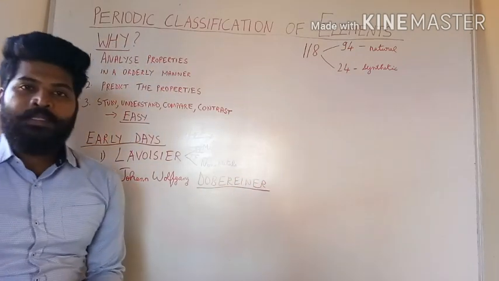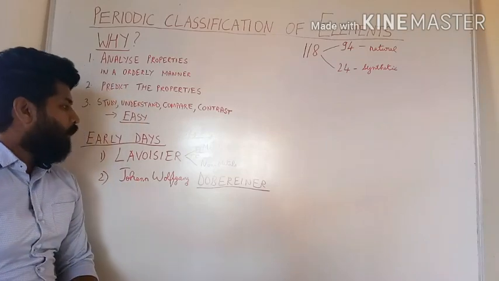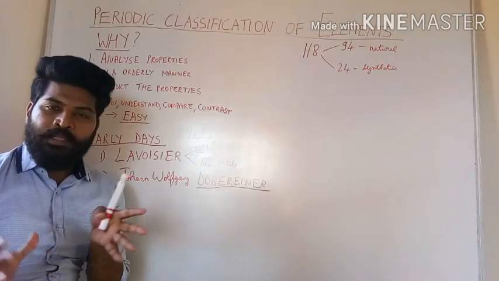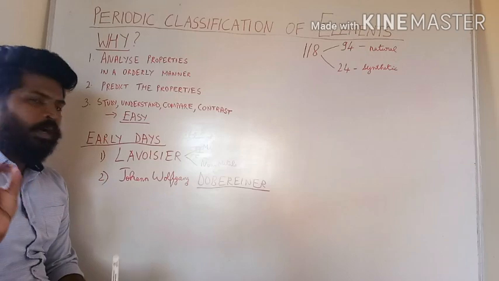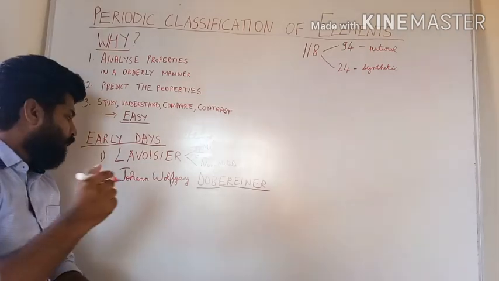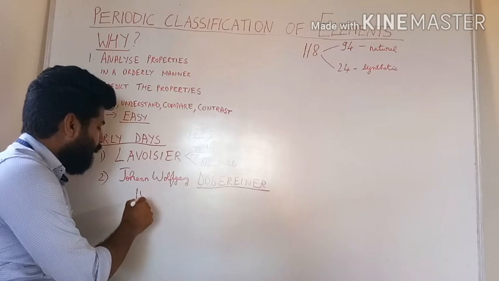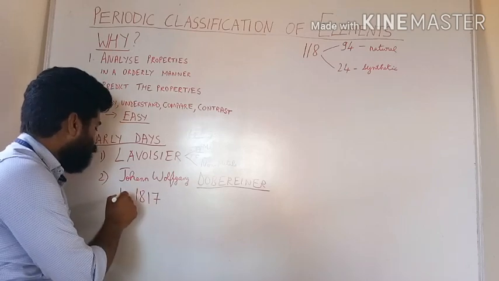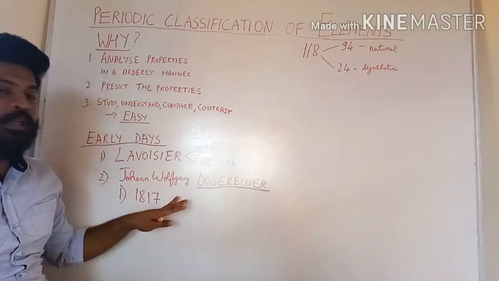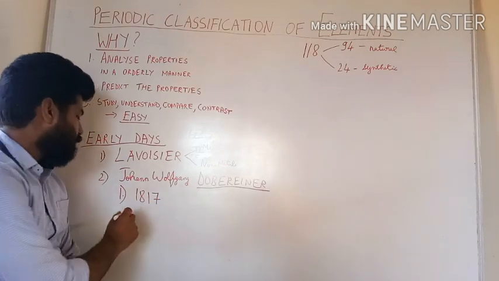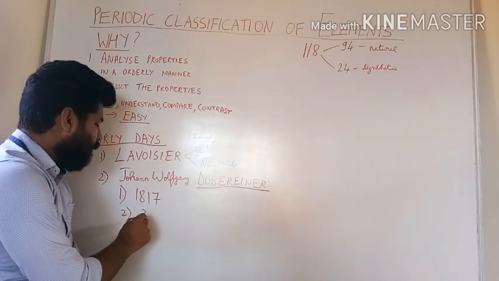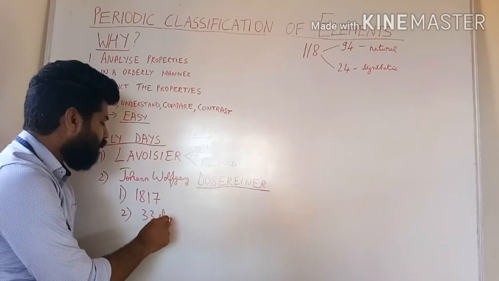He was a German scientist. He was interested in classifying the elements. There are a couple of points to keep in mind. During his time, that was around the year 1817, this was when he classified the elements. Approximately around 33 elements were discovered.